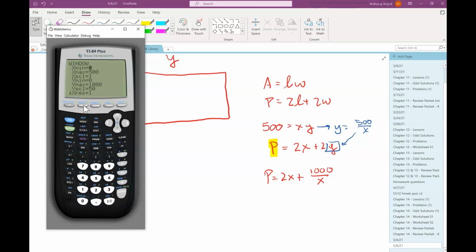And then I'm going to set a window. If I'm thinking about x as one of these lengths of the fence, I know a length can't be negative, so let's set the minimum x to be 0. Everybody happy with that? Okay.